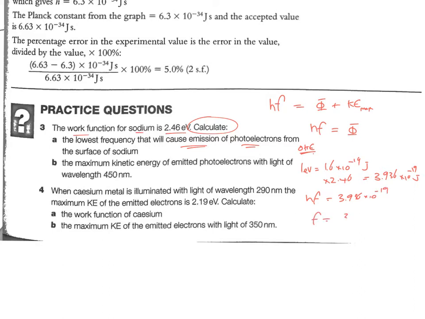So the frequency is just going to be 3.936 by 10 to the minus 19 divided by the Planck constant, which is 6.63 by 10 to the minus 34. Put those into a calculator and we get 5.94 by 10 to the 14 hertz to three significant figures.